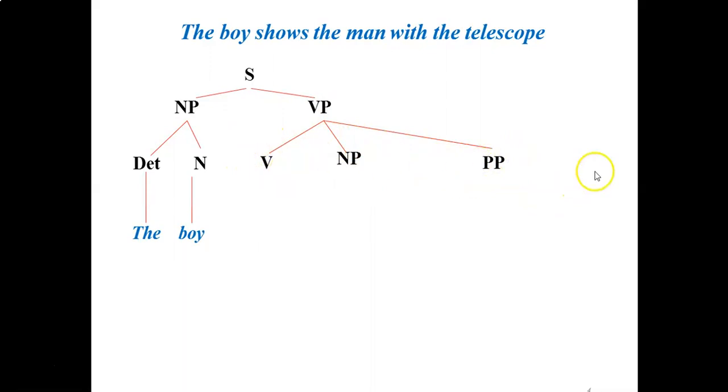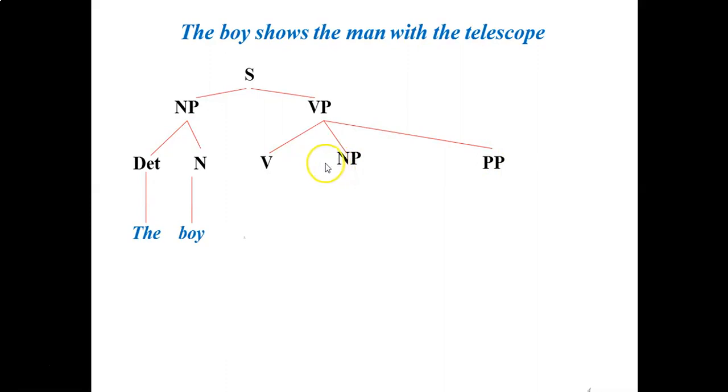From these branches, we can say that the tree shows that a verb phrase may also consist of a verb followed by an NP, or noun phrase, followed by a PP, prepositional phrase, with the telescope.